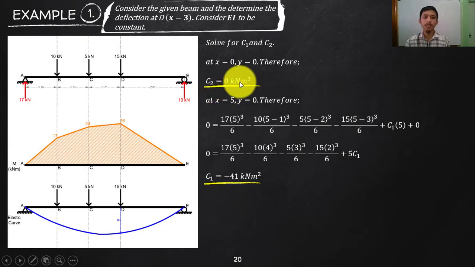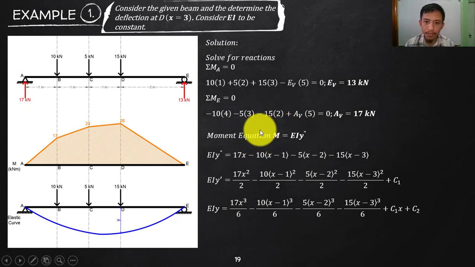By the way, that is kilonewton meter cubed. Why is that? Your moment equation, you are expecting kilonewton meter, since our unit here is kilonewton meter. However, we integrated. Integration is adding one more degree, isn't it? And the degree that we are adding is a variable x, which is a distance. Recall, differentiation reduces a degree, integration adds a degree. So from moment, which is kilonewton meter, multiplying another meter will be kilonewton meter squared, and so your C1 is kilonewton meter squared.